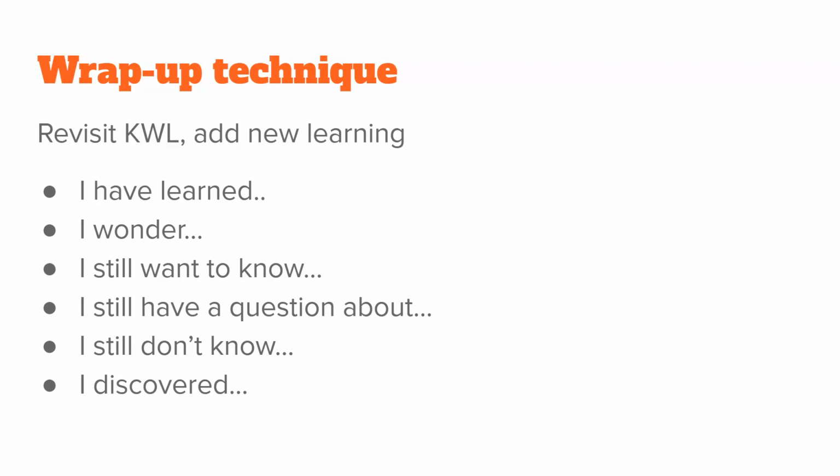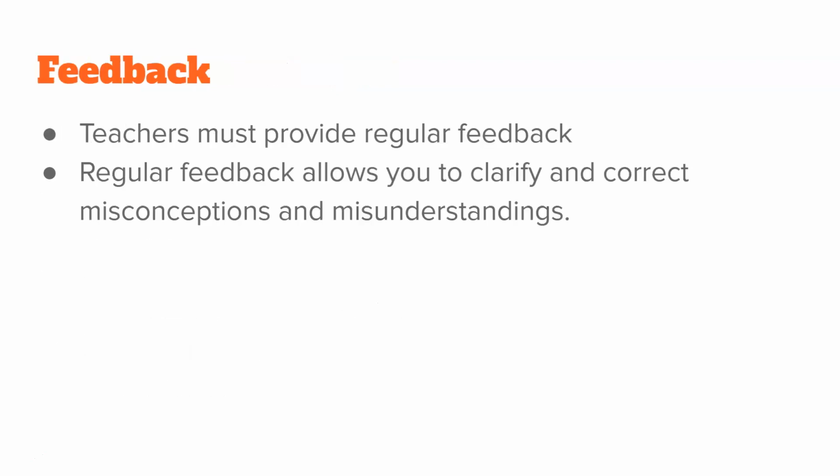Okay, and you might teach students these sentence stems. I learned, or I still want to know, or I discovered. And you might even have them evaluate and say, I still don't know. So what questions did they have that didn't get answered?